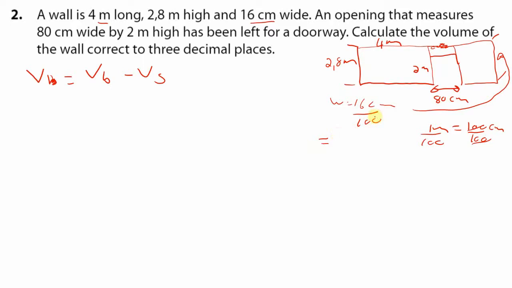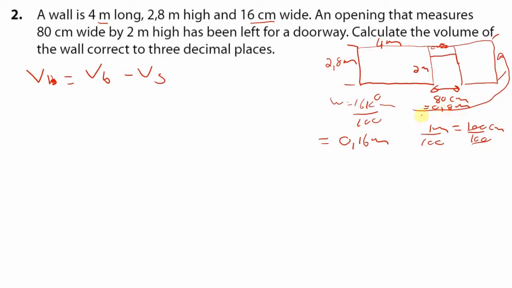So 16 centimeter is the same as, okay, remember we have now a comma 0, we divide, the comma jumps 2 spots to the left. So it's 0,16 meter. Okay, similarly we could show that this 80 centimeter is 0,8 meter.